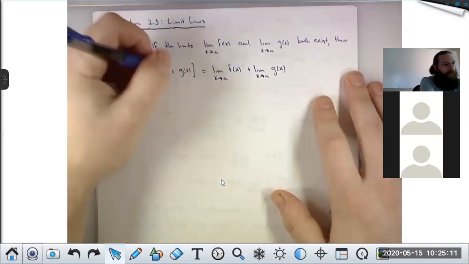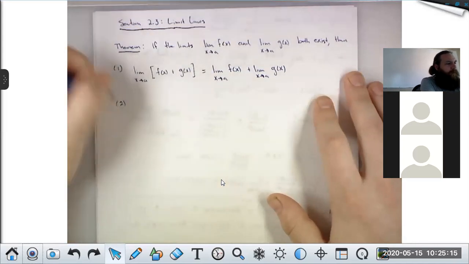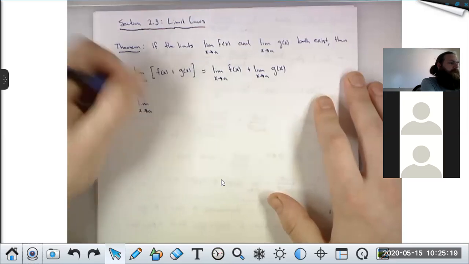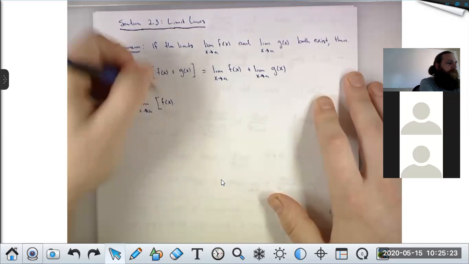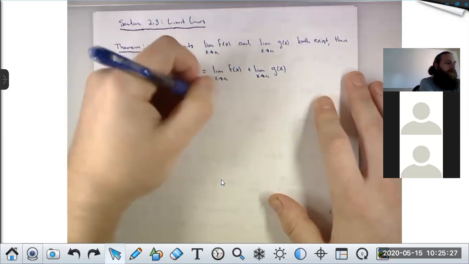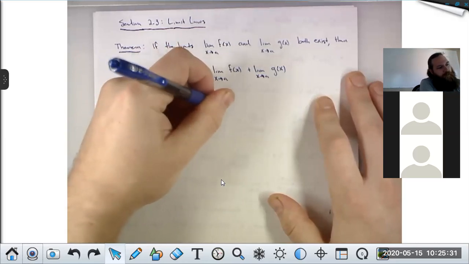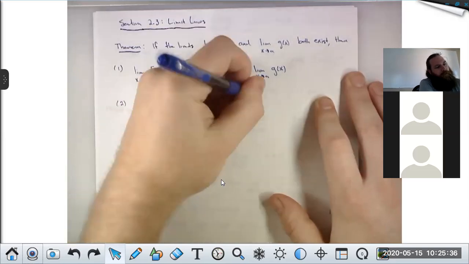And I don't want to waste too much of your time here, but you can guess what would come next. The limit as x goes to a of f of x minus g of x. This is the limit of f minus the limit of g.